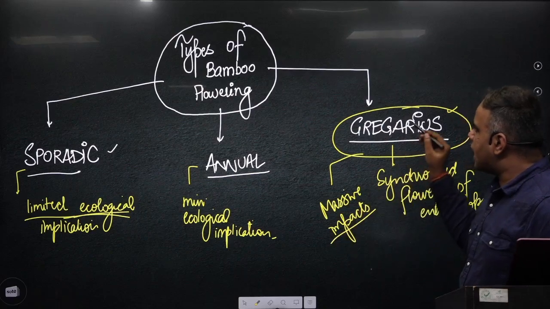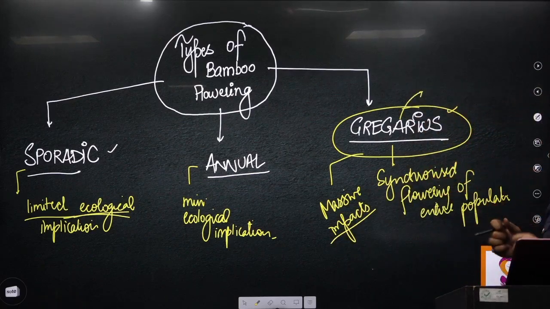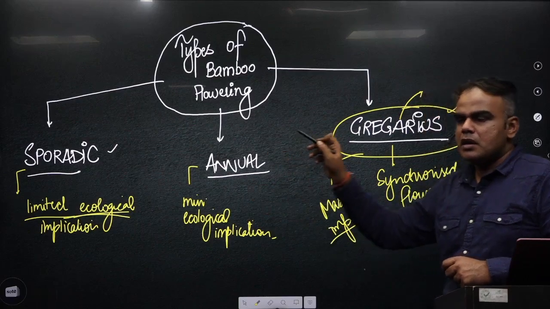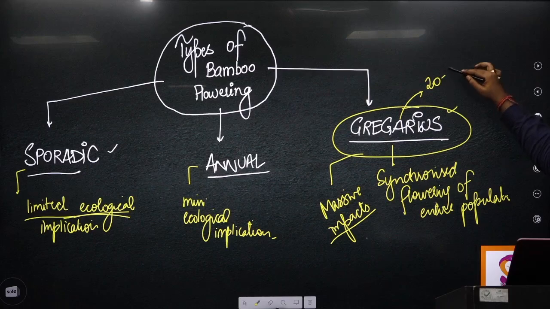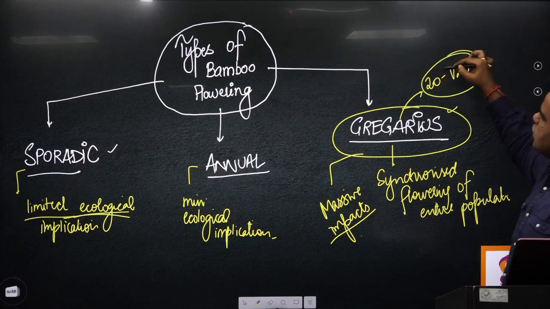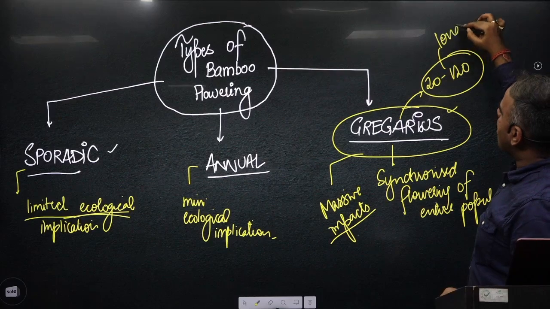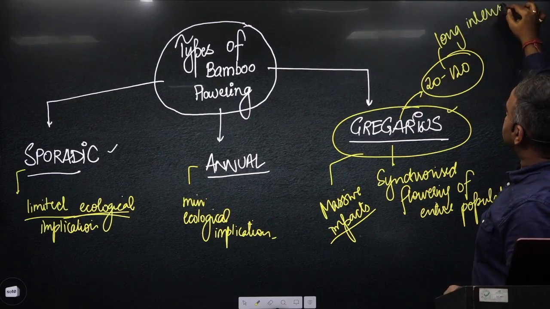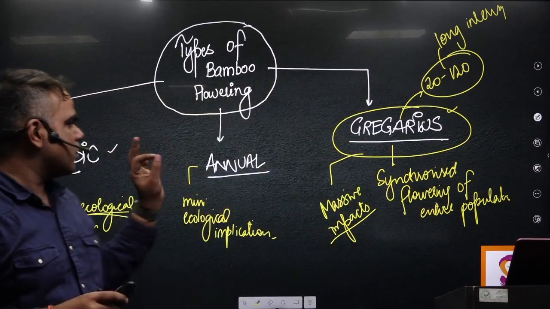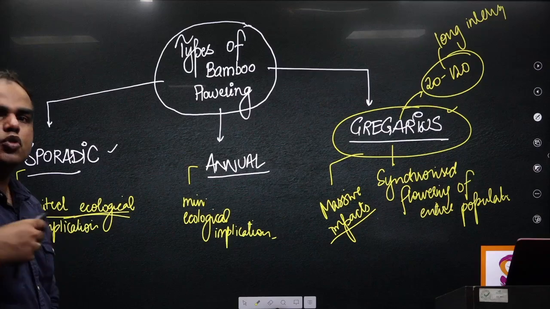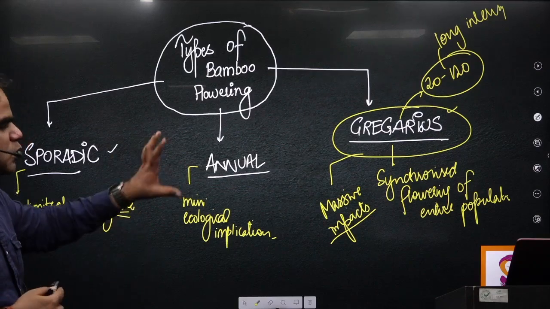And it also happens over a large time scale. It doesn't happen annually, but can range from even 20 years to 120 odd years. The point is that this happens at long intervals. It has a lot of economic, socio-economic and ecological consequences, which we'll now understand.